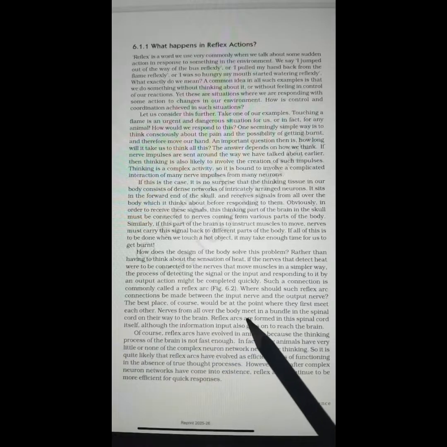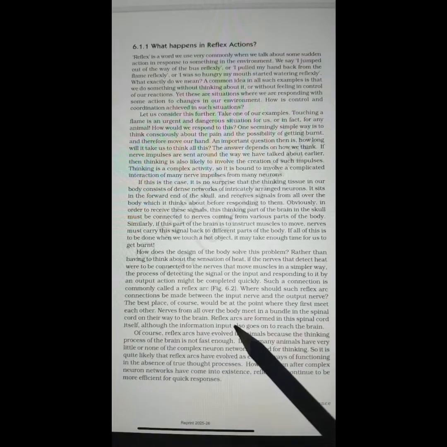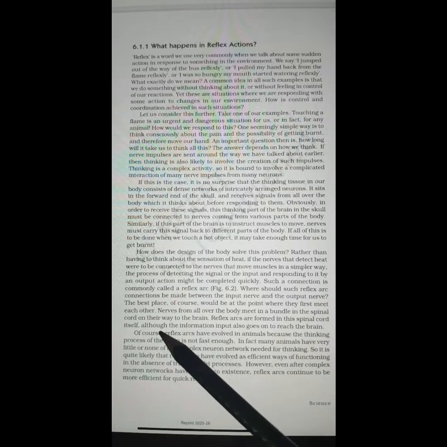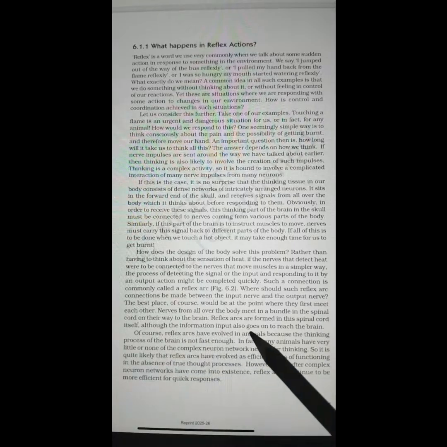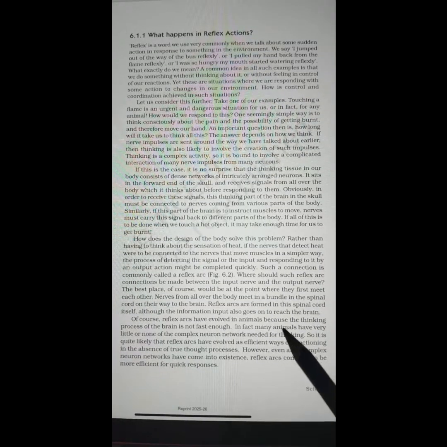Nerves from all over the body meet in a bundle in the spinal cord on their way to the brain. Reflex arcs are formed in this spinal cord itself, although the information input also goes on to reach the brain. Of course, reflex arcs have evolved in animals because the thinking process of the brain is not fast enough.